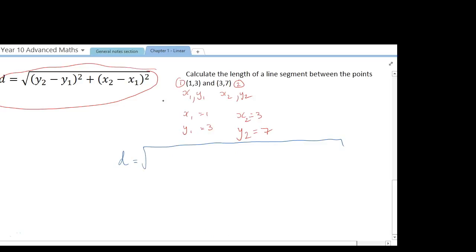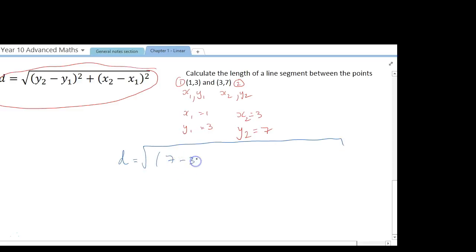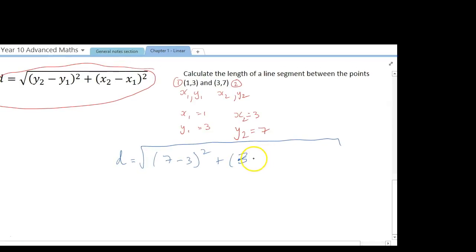First thing we do is y2 minus y1 in brackets. So y2 is 7, y1 is 3, and that all gets squared. We're going to add x2 minus x1, so x2 is 3, and x1 is 1. I'm getting these numbers from the 4 numbers that I just decided on before.